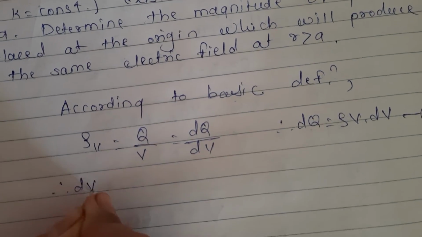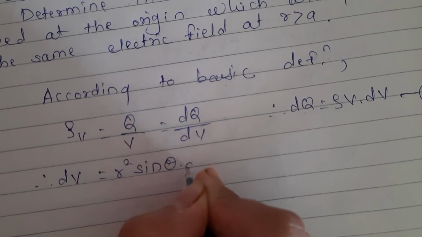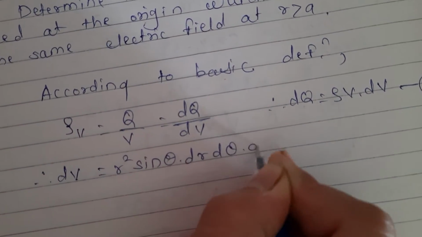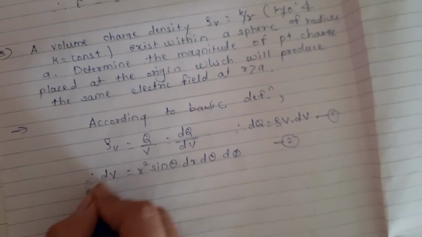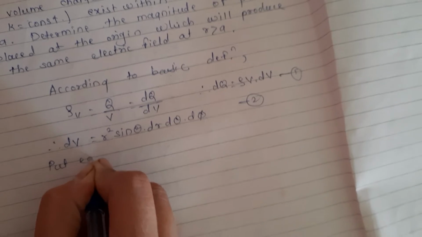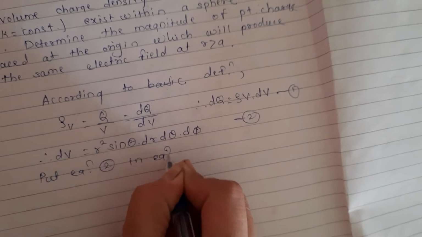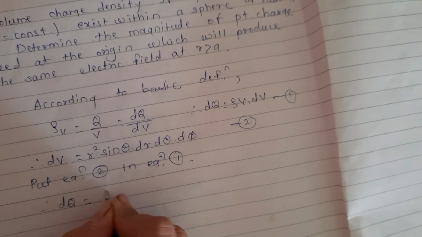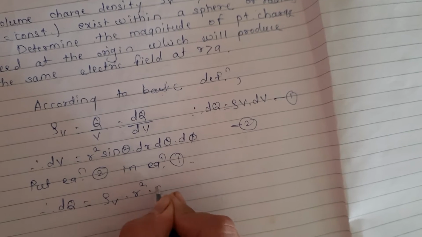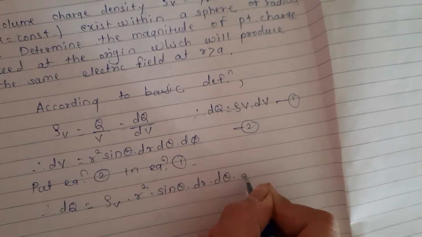Also dv is equal to r² sin theta dr d theta d phi. This is equation 2. Now put equation 2 in equation 1. Therefore dq is equal to rho v r² sin theta dr d theta d phi.